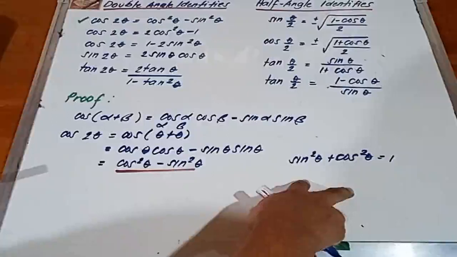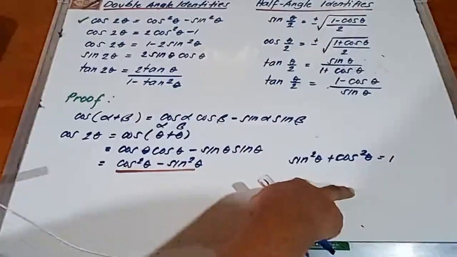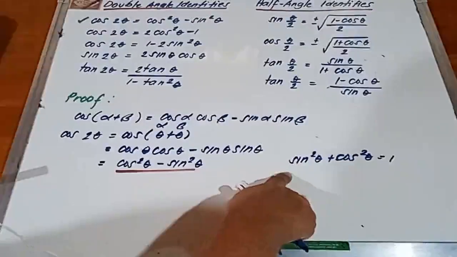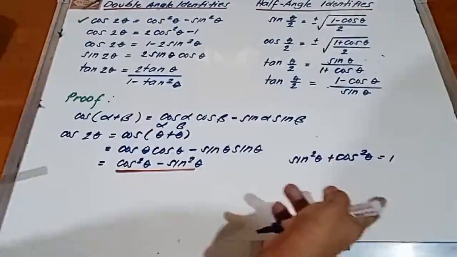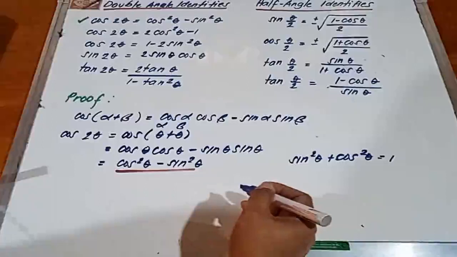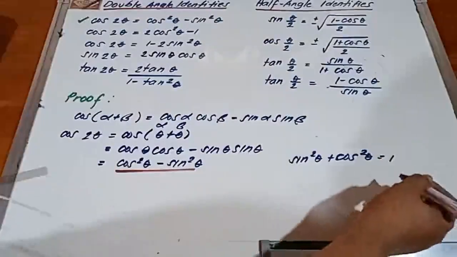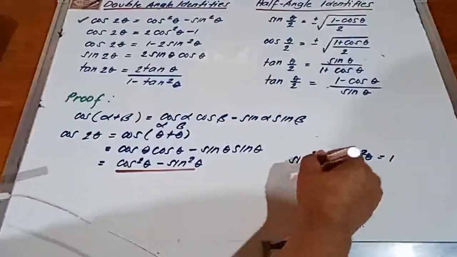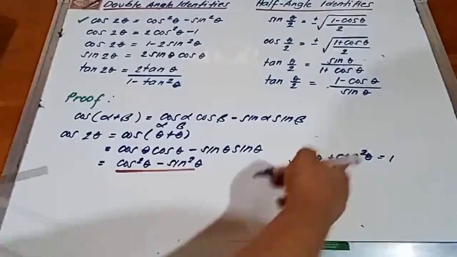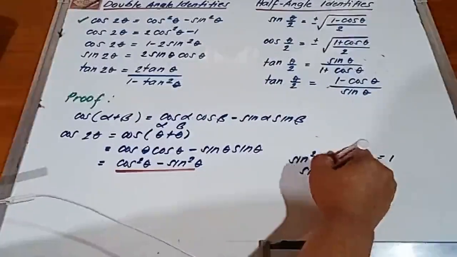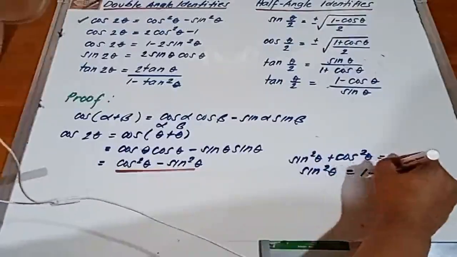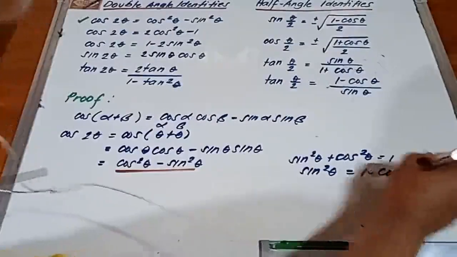Other form of this Pythagorean identity ay magagawa natin if we're going to transpose either sine squared theta to the right side or cosine squared theta to the right side of our equation. So, kung cosine squared theta muna i-transpose, we have sine squared theta is equal to 1 minus cosine squared theta.